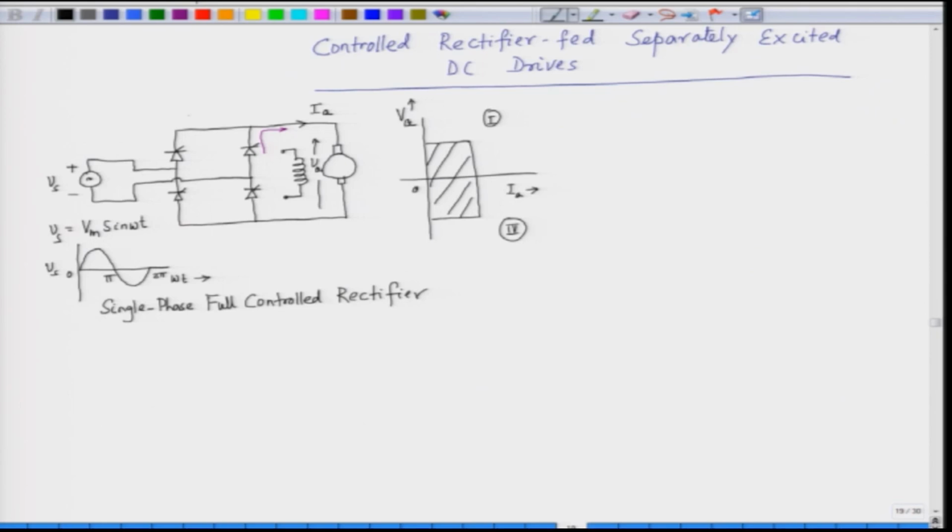Now, let us see another type of controlled rectifier. Here also we have 4 devices. However, 2 of the devices are SCRs and 2 are diodes. This feeds the armature of a separately excited DC motor. The field is separately excited.